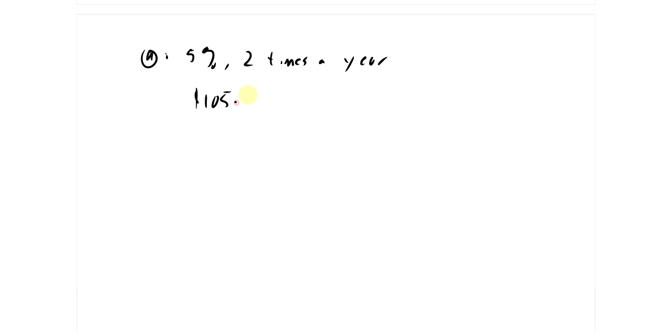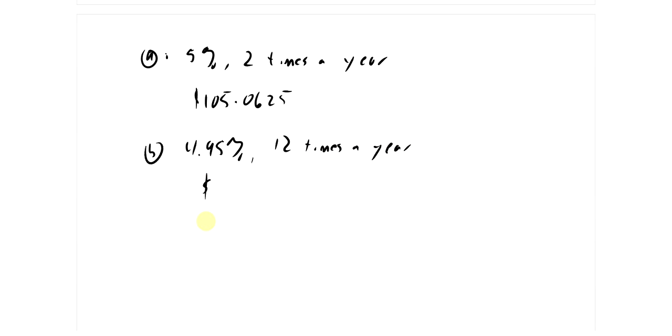So, let's actually do a little table here. Account A, that one was 5% semi-annually. And at the end of a year, you'll have $105.0625. B was 4.95%, compounded 12 times a year.